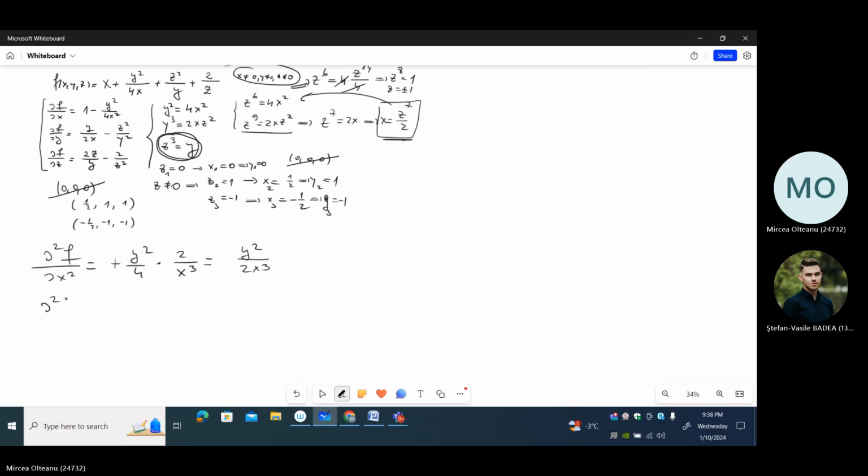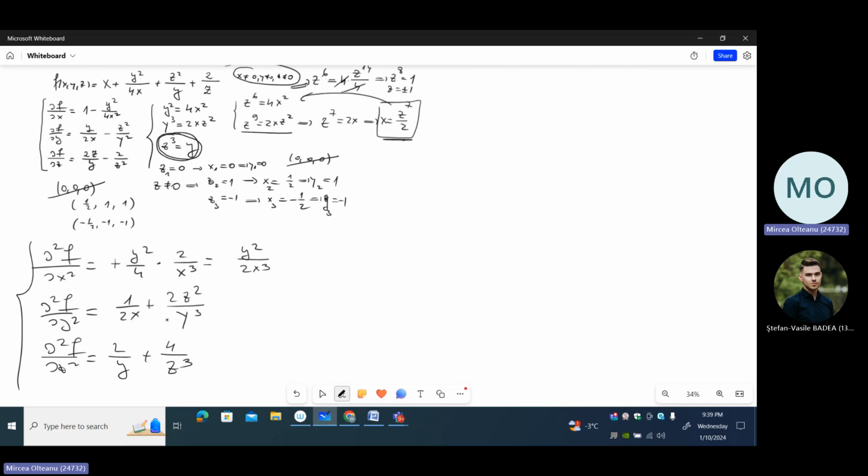Now with respect to y, it will be 1 over 2x plus 2z squared over y to the 3. And the last one, with respect to z, it's 2 over y plus 4 over z to the 3. These are the not mixed, but please compute them and check if we got the same.